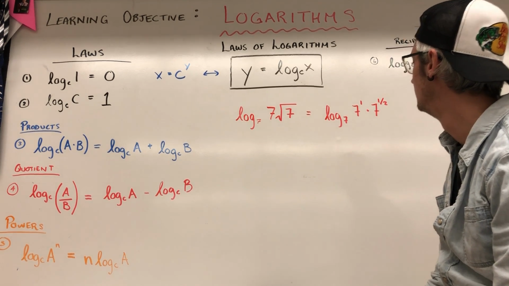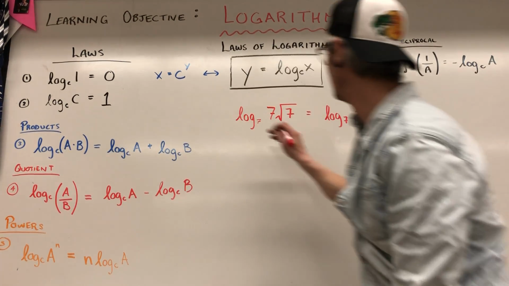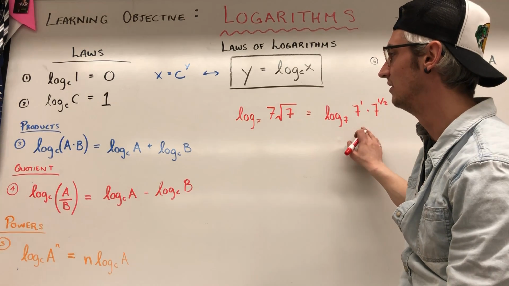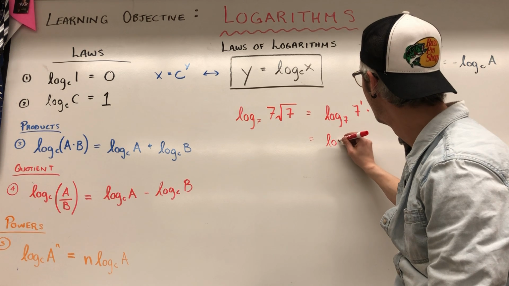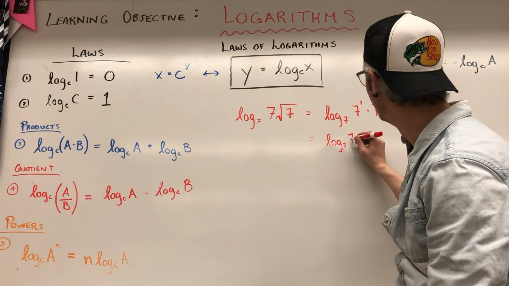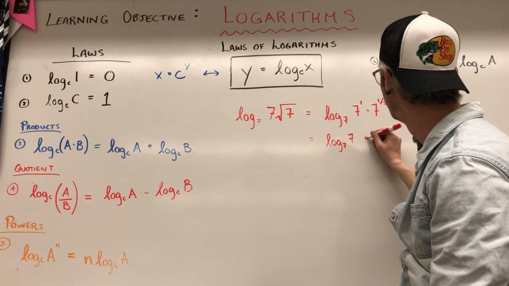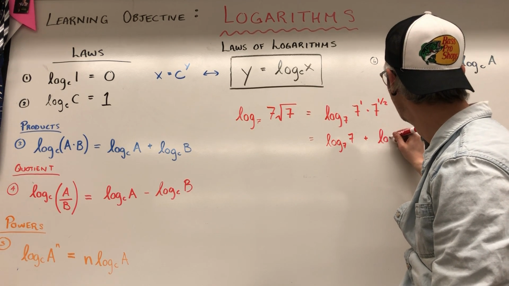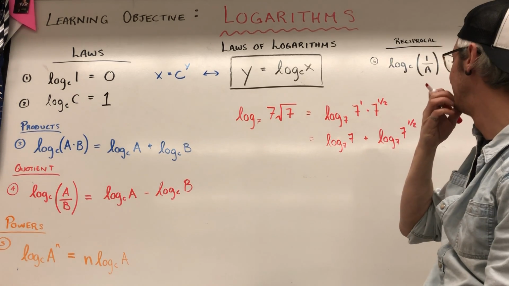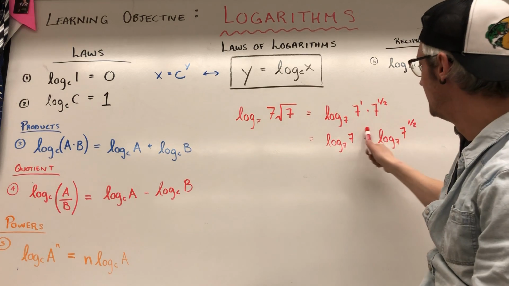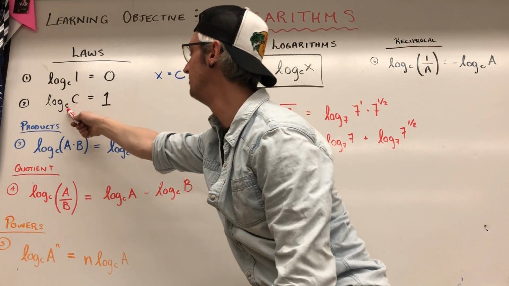Okay? And guess what? I'm probably going to have to use these here too. But let's use a product law to separate this. So I can rewrite this as log base 7 of 7 to the 1, plus log base 7 of 7 to the 1/2. This is basically good to go. And if I look here, when my number and my base are the same, it's 1.